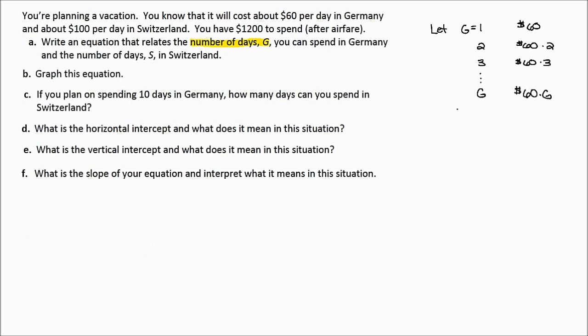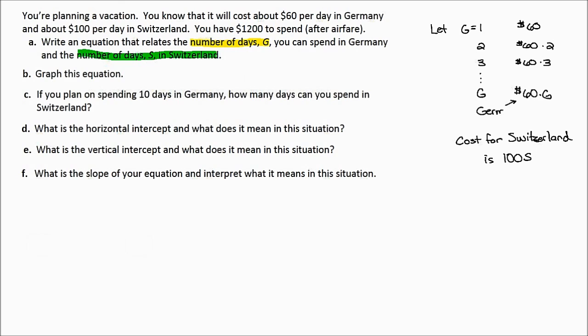We'll have the same argument for how many days we're going to spend in Switzerland and how much it's going to cost, except in Switzerland's case, we're going to let S be the number of days in Switzerland. So I know that the cost for Switzerland is going to be 100 times S. So here's our cost for Germany.